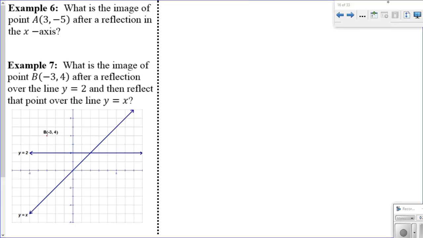All right, example 6. What is the image of point A, (3, -5), after reflection in the x-axis? Now with these problems, you don't want to end up sketching the problem and then actually reflecting it over that x-axis. So what was the transformation notation for a reflection in the x-axis? x stays the same and y becomes its opposite.